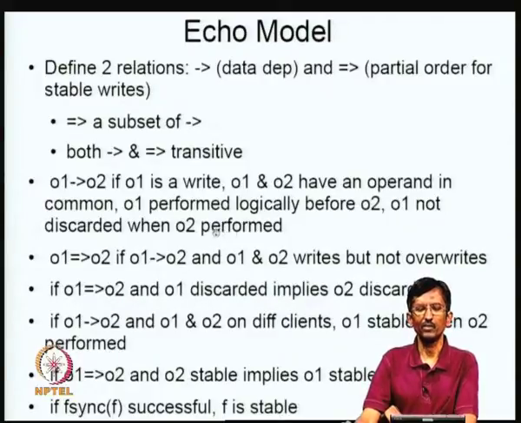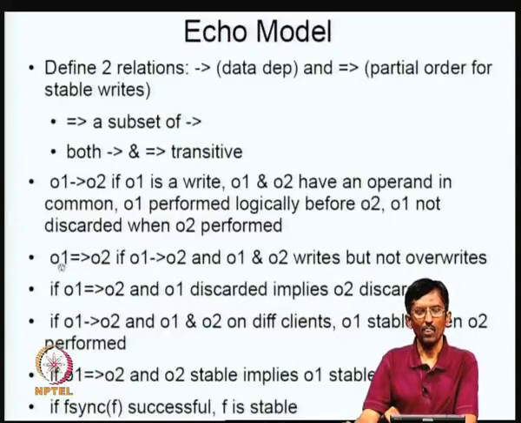That means that in the distributed system, if somebody says O2 has been performed, then O1 cannot be discarded. Even if it is sitting in memory, you have to somehow flush in a particular order in such a way that O1 in no circumstances will ever be discarded the minute you say O2 is performed. Okay. Because O1 is prior to O2 and there is the data dependency there.